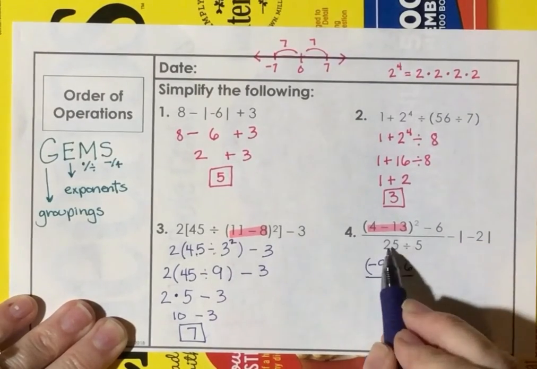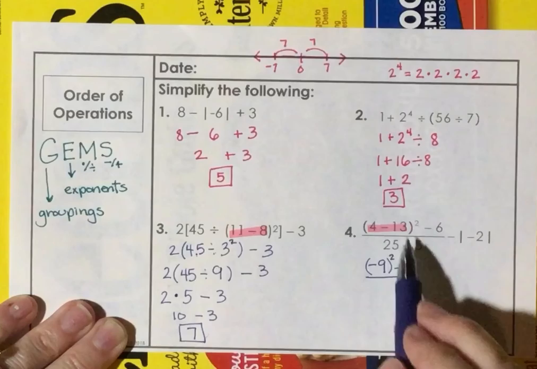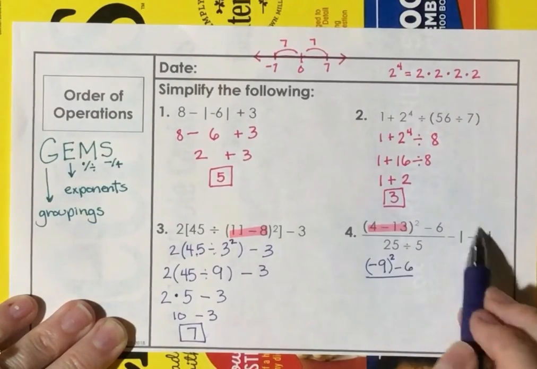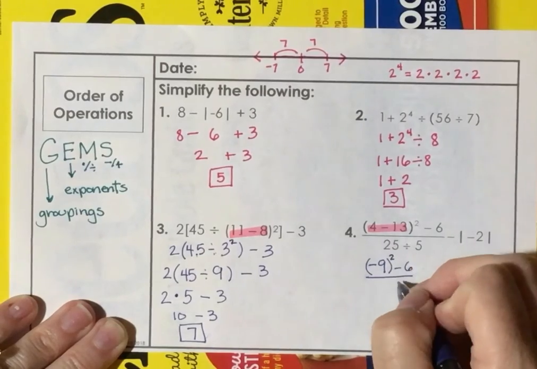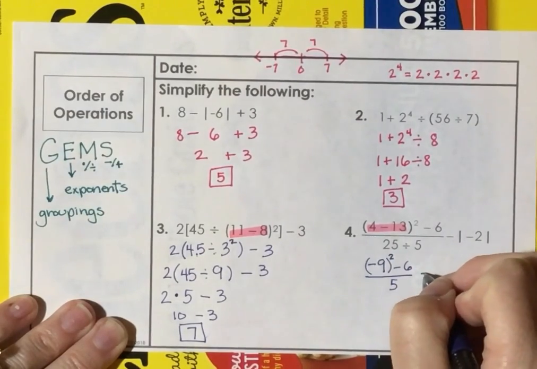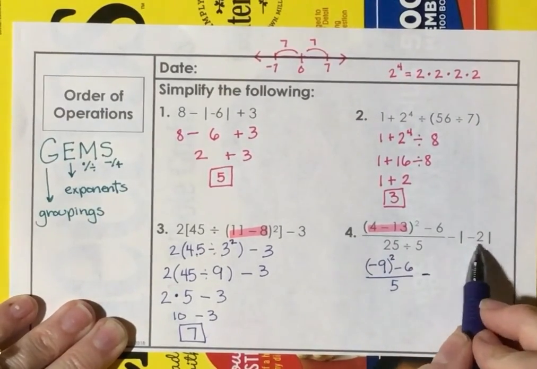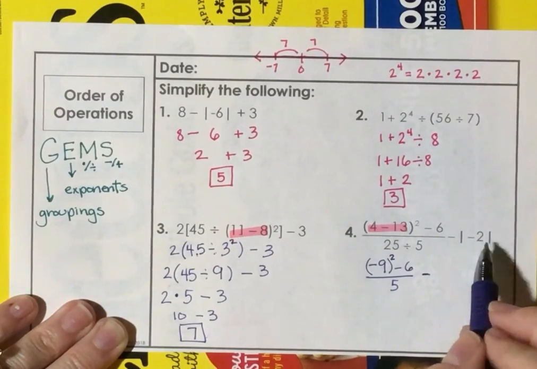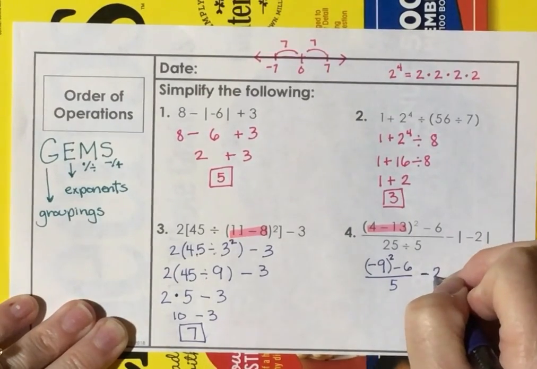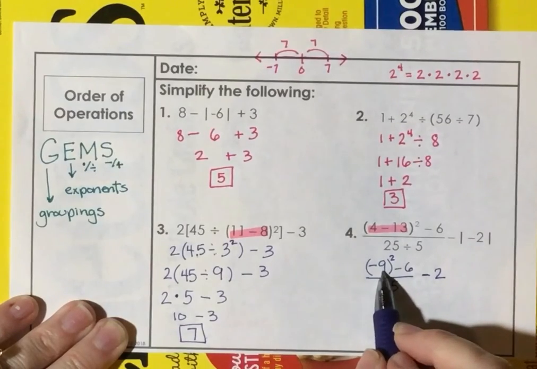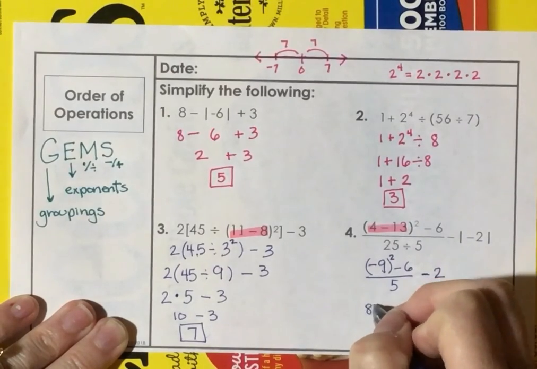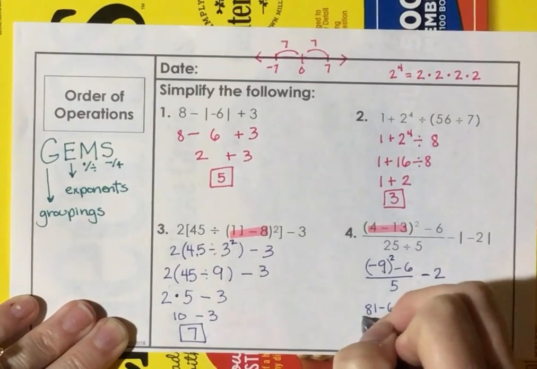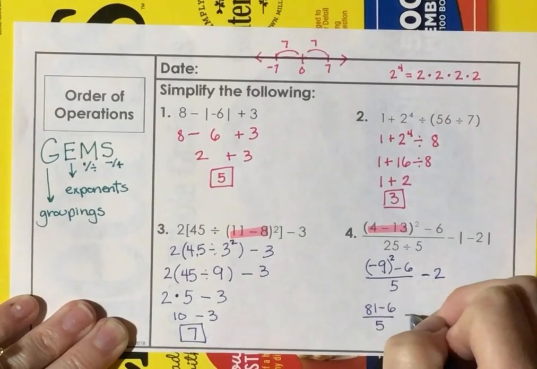And even though this is not a grouping in itself, it's on the bottom, it doesn't affect anything else. So I'm going to go ahead and solve this right now too. So 25 divided by 5 is 5 minus, and this is a grouping, so the absolute value of negative 2 is 2. So over here, we now have negative 9 times negative 9, which is 81, minus 6 all over 5 minus 2.